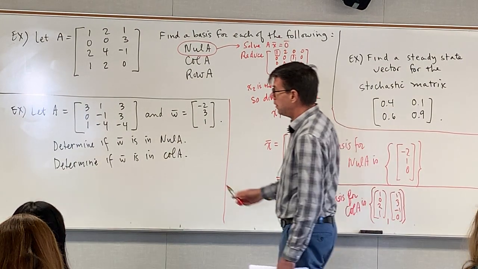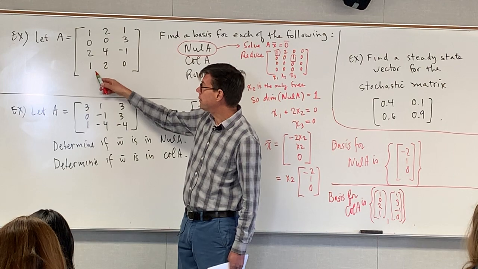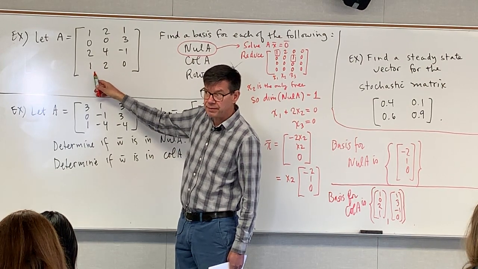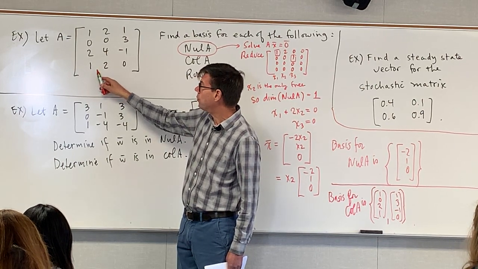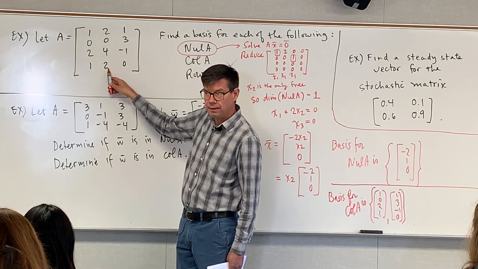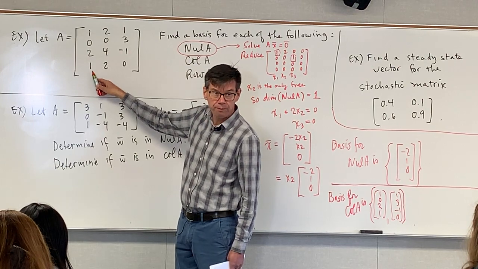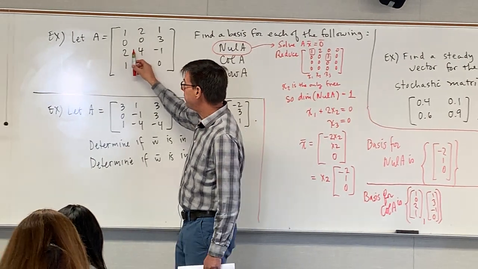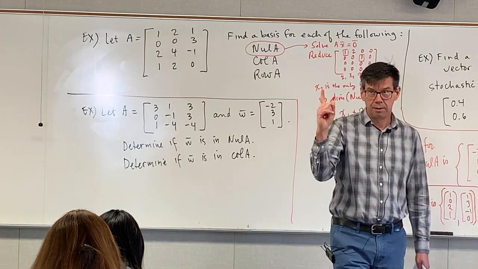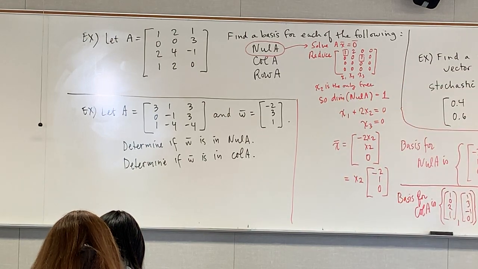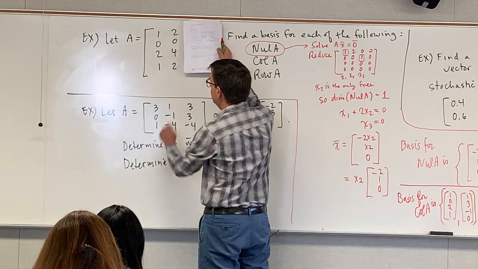Sometimes you can pick any two, but I cannot take the first and second column here as a basis for the column space. Do you see why? That definitely will not work if I take the first and the second, because the second column is a multiple of the first column. So the dimension of the space spanned by the first two columns is just 1.